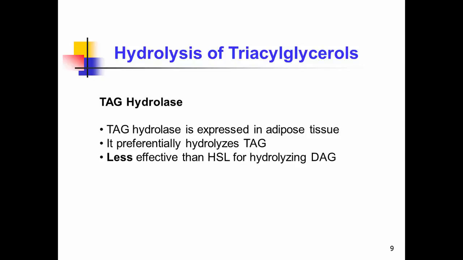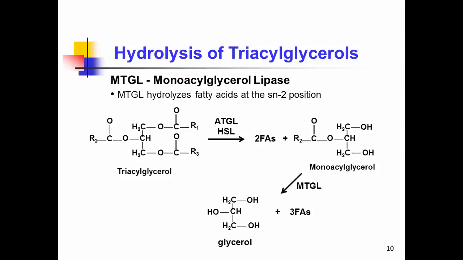So I put all three steps together: HSL and ATGL work together to remove the SN1 and SN3 fatty acids, and then monoacylglycerol lipase removes the last fatty acid. Eventually, three enzymes work together, generating three fatty acids and one glycerol molecule.